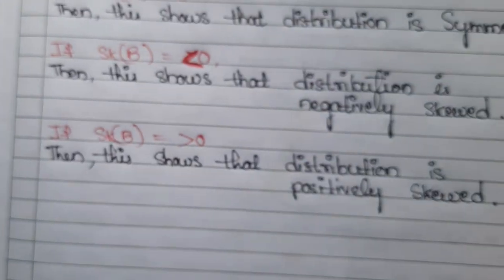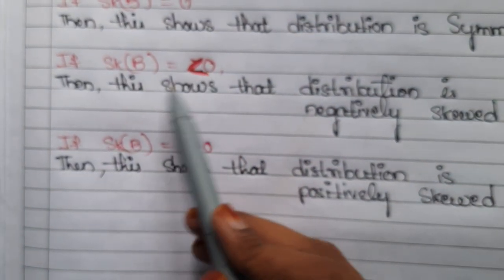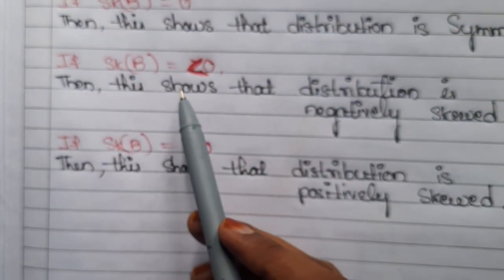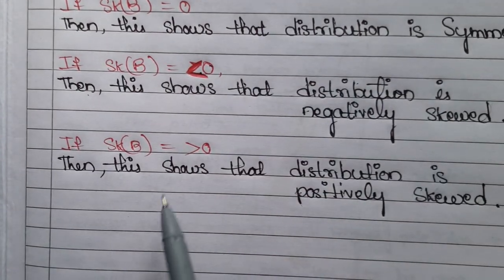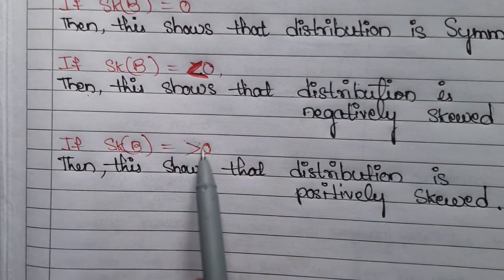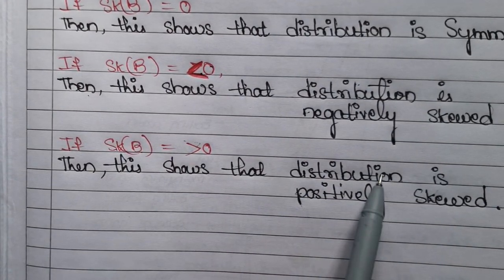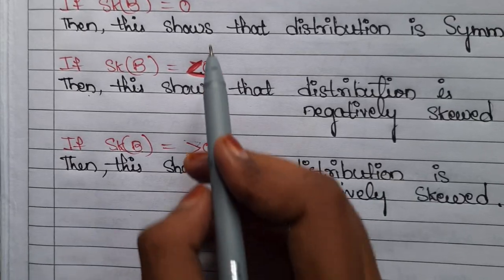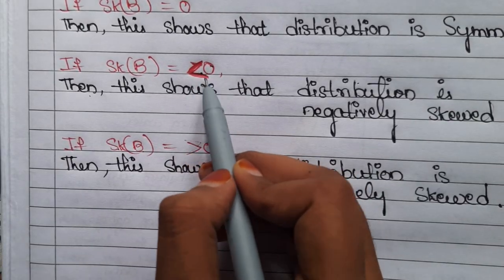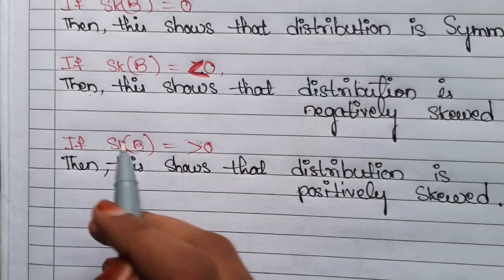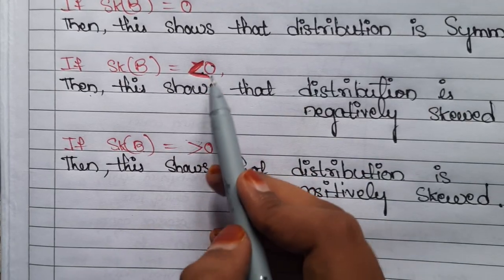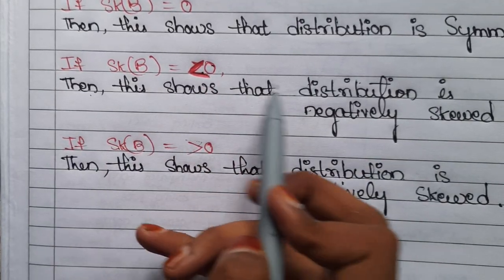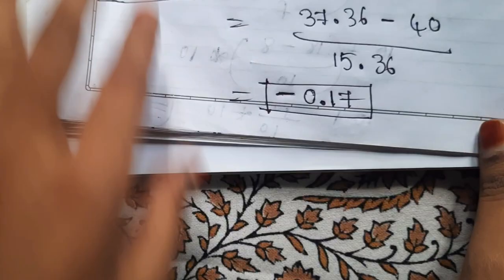If it is less than 0, you have to write that the distribution is negatively skewed. If it is greater than 0, then you have to write that the distribution is positively skewed. So ours is less than 0, right? It is negative. So we have to write this shows the distribution is negatively skewed. We will be writing the same thing.